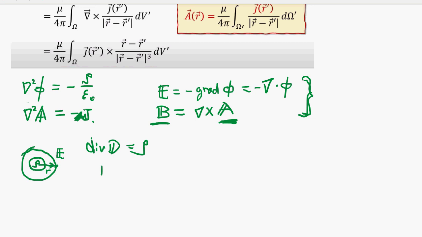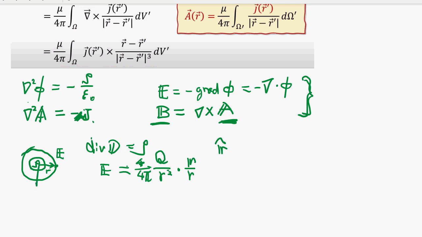So E equals Q over 4 pi R square, and total Q. You have to add up all the Q, right? And its vector R. This is a unit vector. Unit vector we write this way, R hat, that means this way.